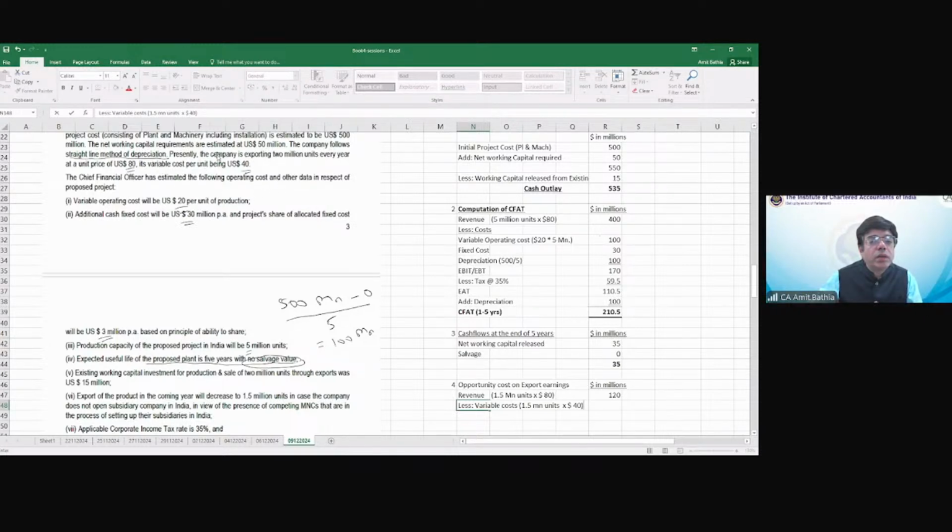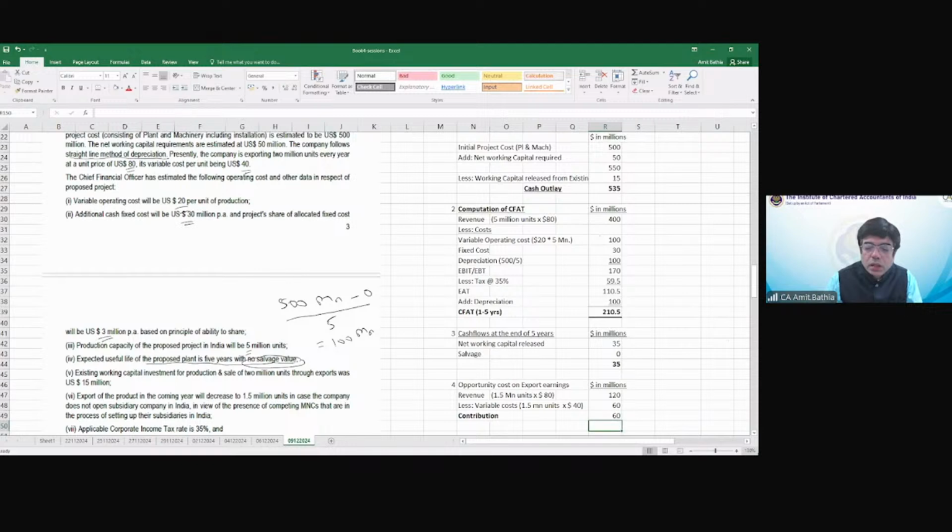Can you see my cursor, everyone? Right? So that is 1.5 into 40. So now I am left with 120 minus 60. Now there is no information mentioned about any fixed cost. So I am going to say this is my contribution.